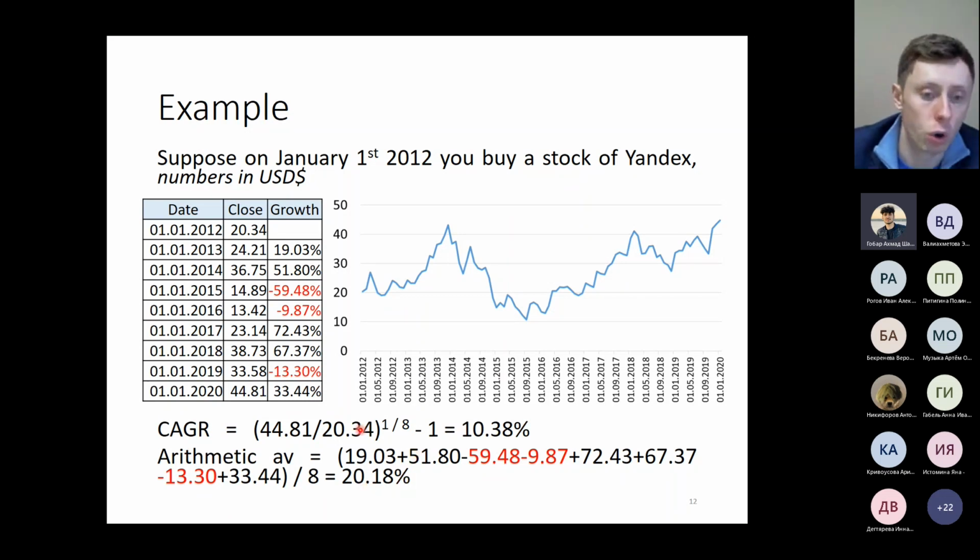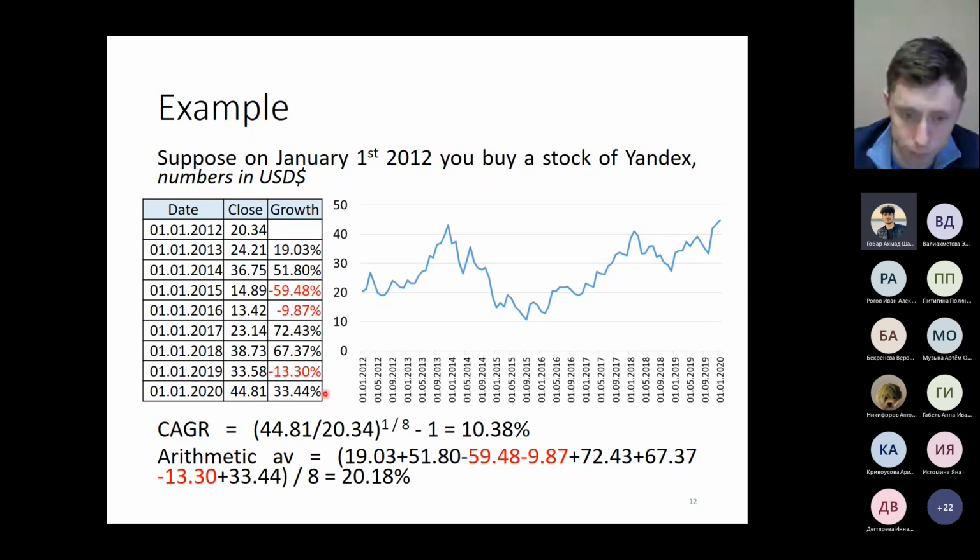But the actual return that we had during this period, so instead of all those different returns, we might have an annual return every year of 10.38, and we would start from 20.34 and reach 44.81 by the end of this period.